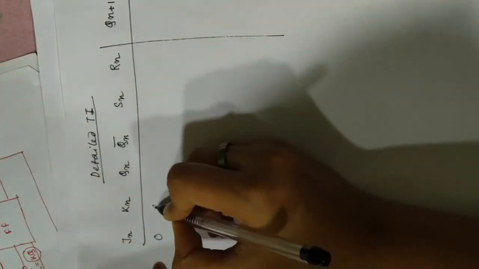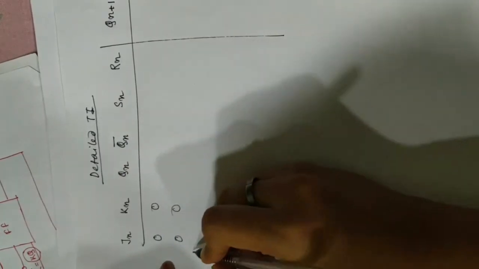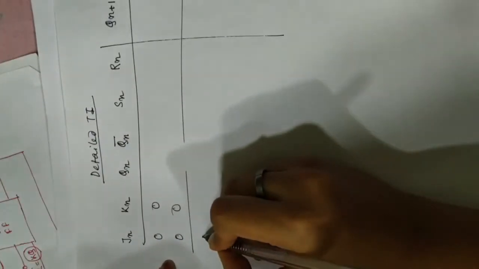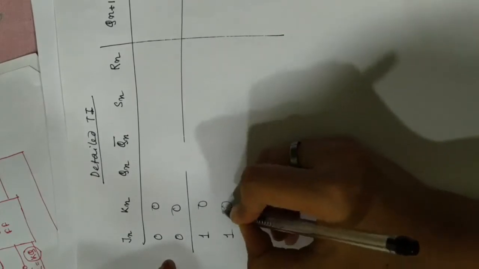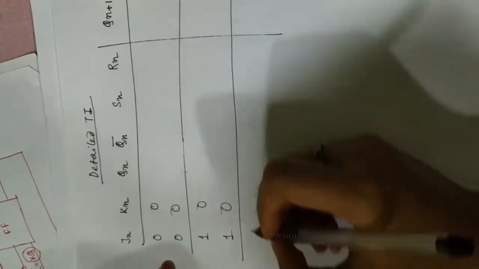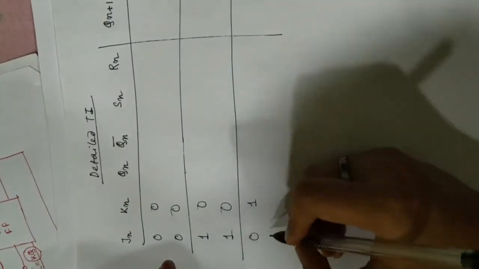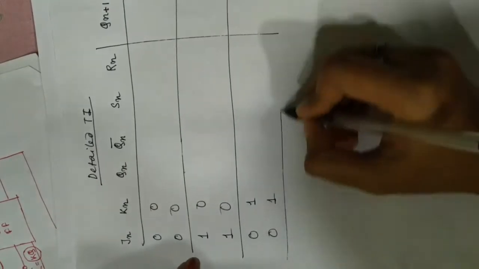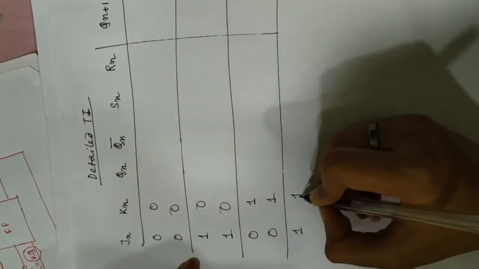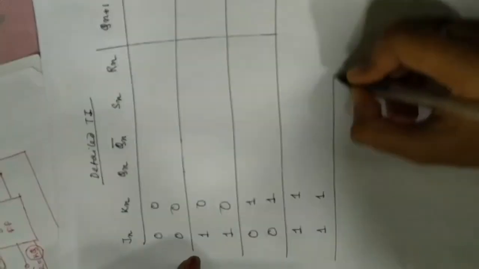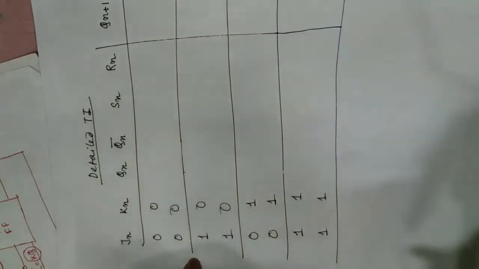So what are the combinations of JK? J can be 0, K can be 0. J can be 1, K can be 0. J can be 0, K can be 1, and J can be 1, K can be 1. Right?